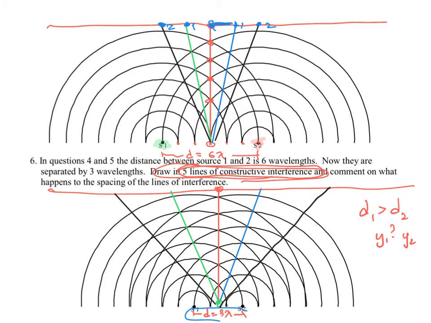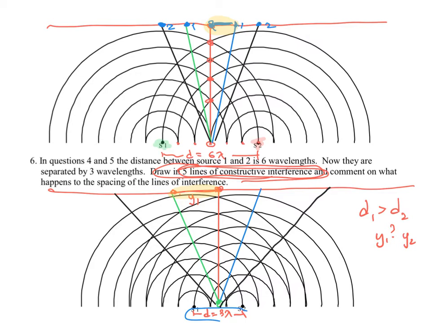So when I space that out a little bit, the distance Y1, I'm going to highlight these now, in yellow. Y1 up here at the top is smaller than Y1 down here at the bottom, the spacing between the central maximum and the first maxima to one side.